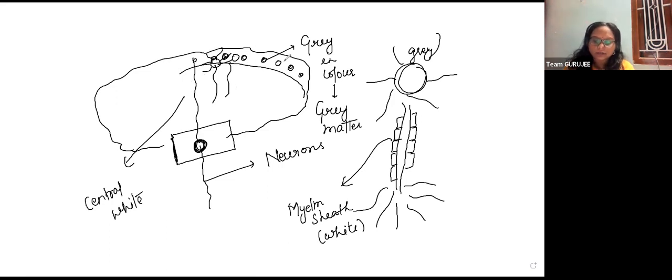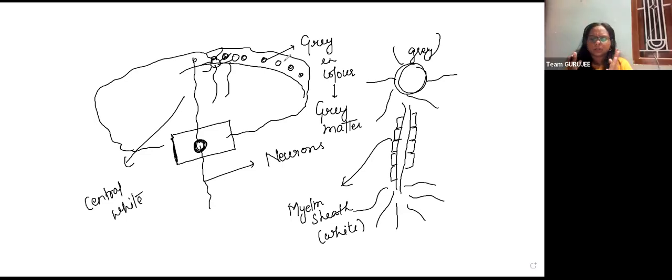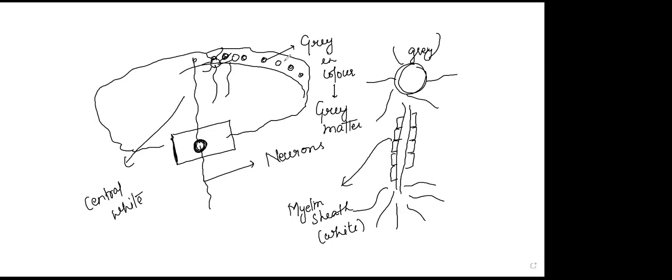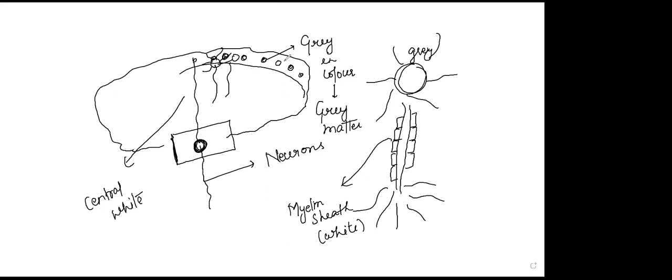Did you understand? Ma'am, will the neuron be in a straight line, or wherever? It will be completely a network. Top will be the dendrite parts, because it has to receive.